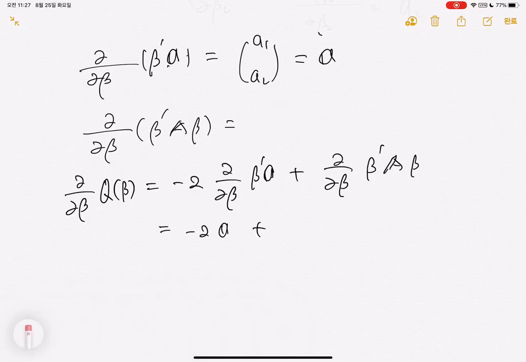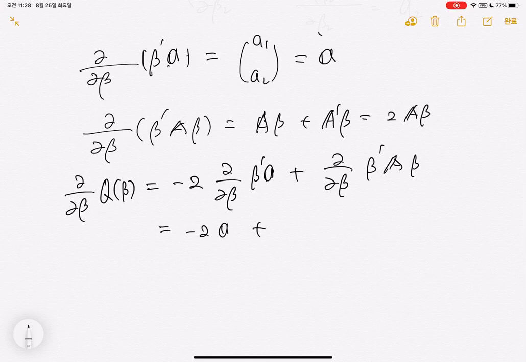This actually is a beta plus a prime beta, but in our case a is symmetric, so this is going to be 2a beta.